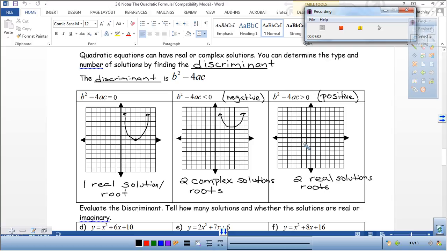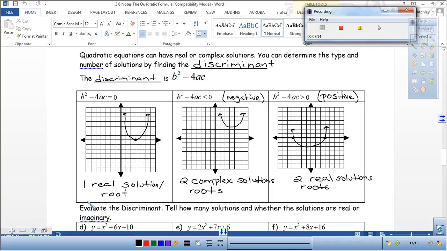Okay, that means my parabola crosses the x-axis in more than one spot, in two spots. So it has two x-intercepts. Any questions over that?